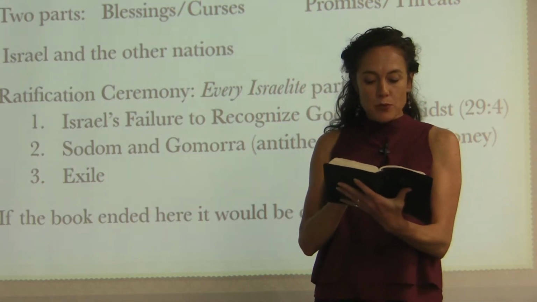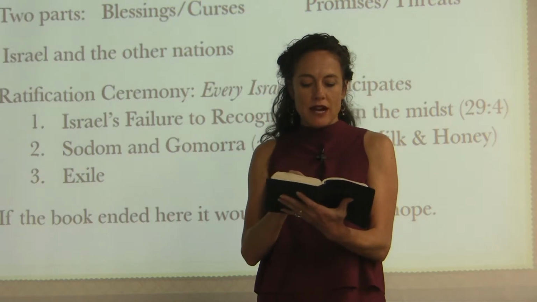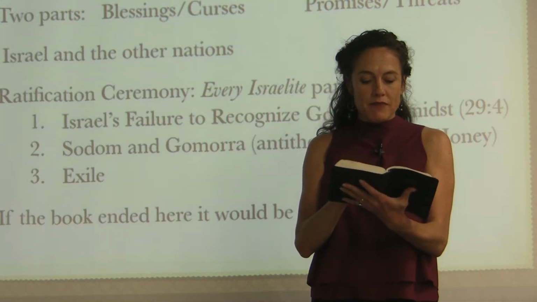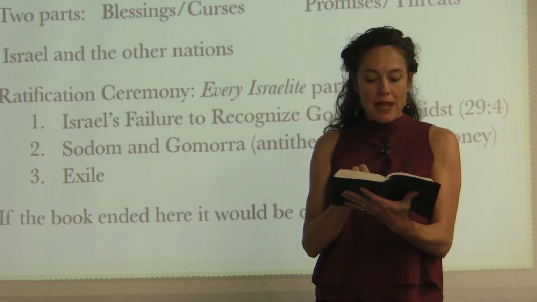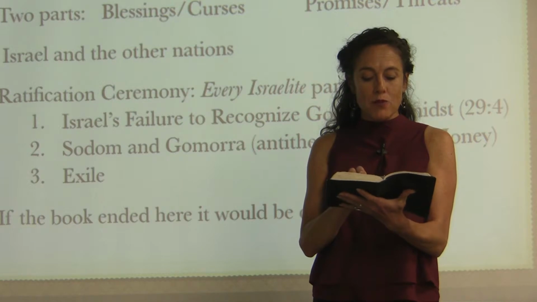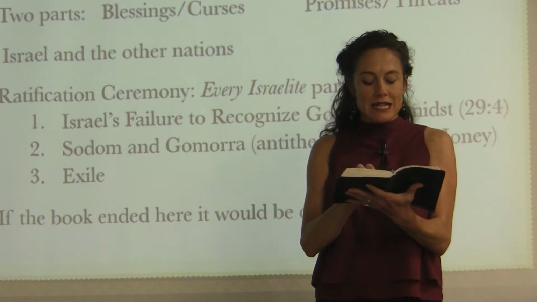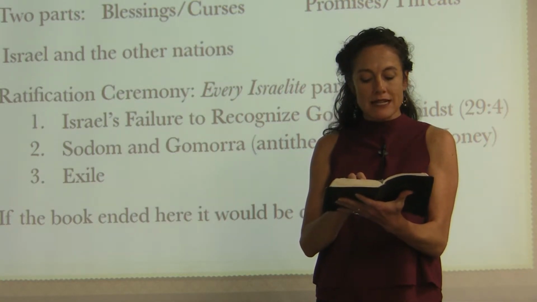"You have not eaten bread, nor have you drunk wine or strong drink, in order that you might know that I am the Lord your God. When you reached this place, Sihon, the king of Heshbon, Og, the king of Bashan, came out to meet us for battle, but we defeated them. And we took their land and gave it as an inheritance to the Reubenites, the Gadites, and half the tribe of Manassites.